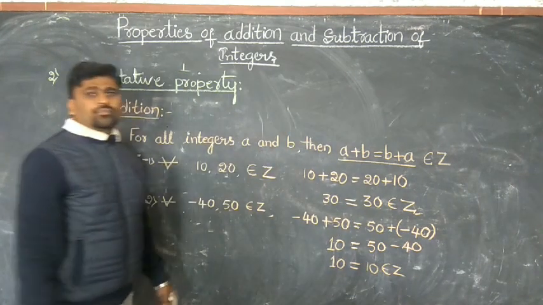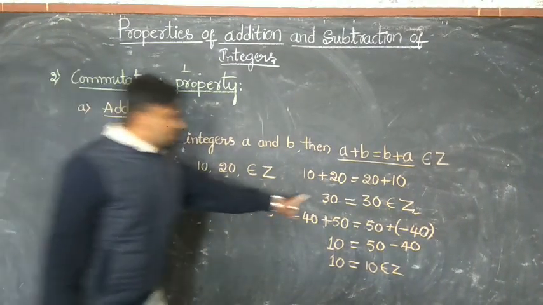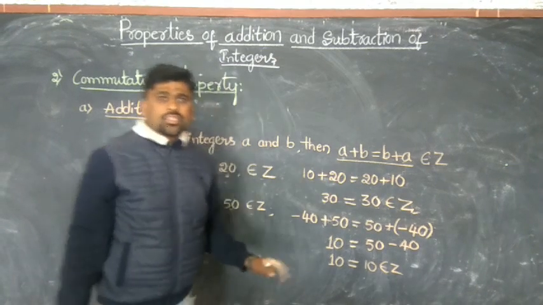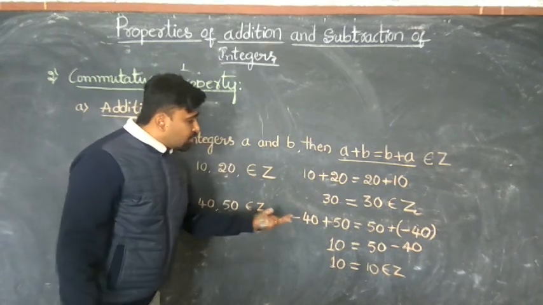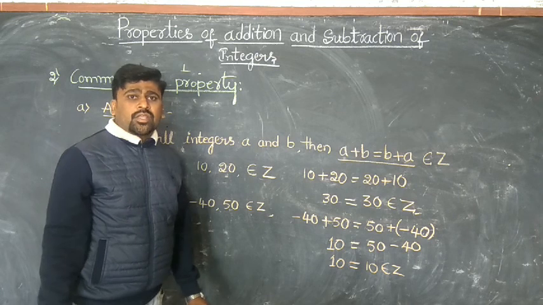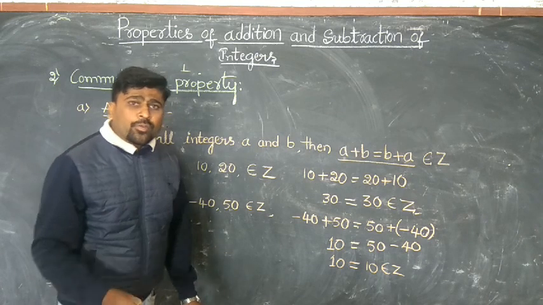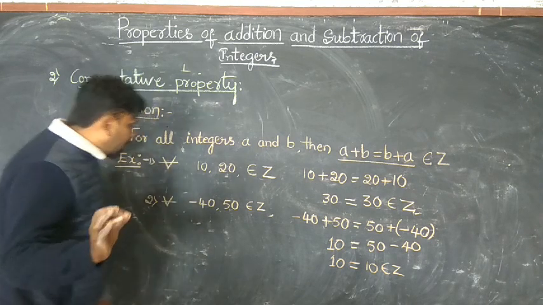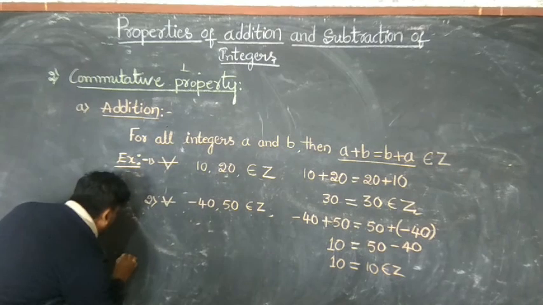See here, LHS 30, 30. LHS is equal to RHS. That means the commutative property satisfies under addition.